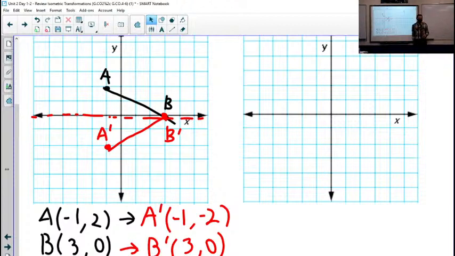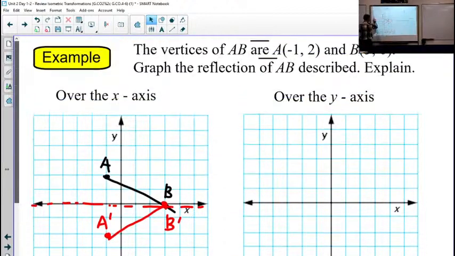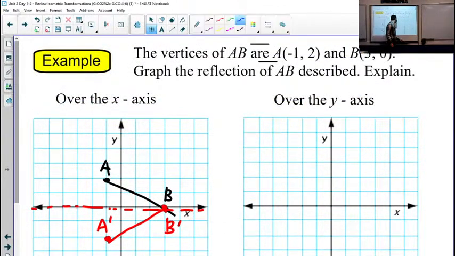So I want to give you 1 minute, and I want you to do the same thing on the next one, except this time we are flipping over the y-axis. So the y-axis is what we're flipping over. We're taking the same points.